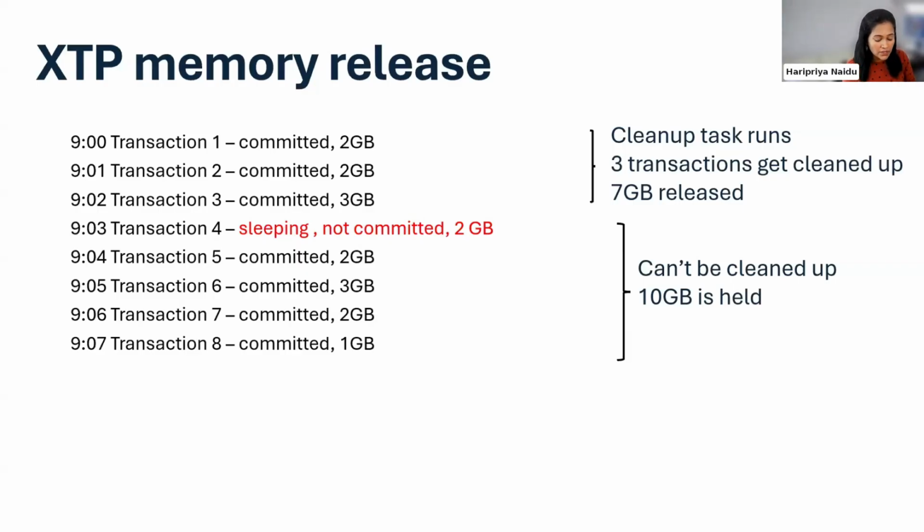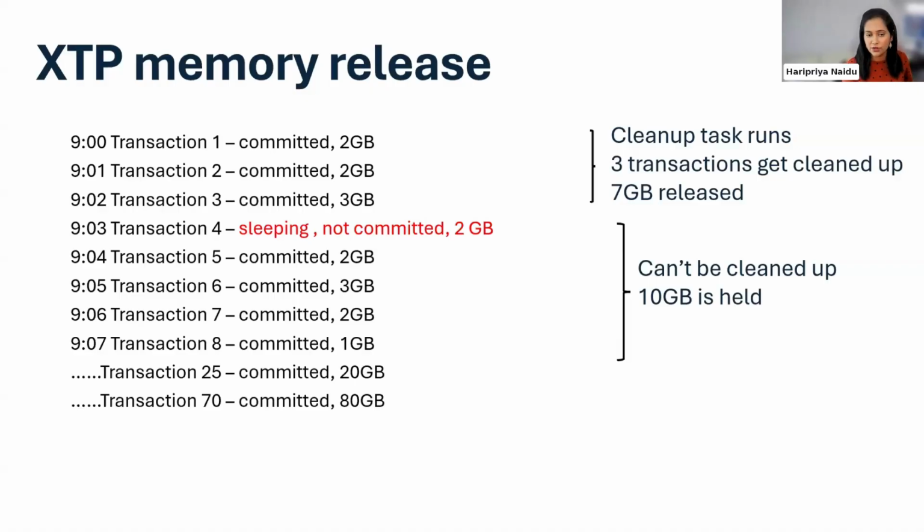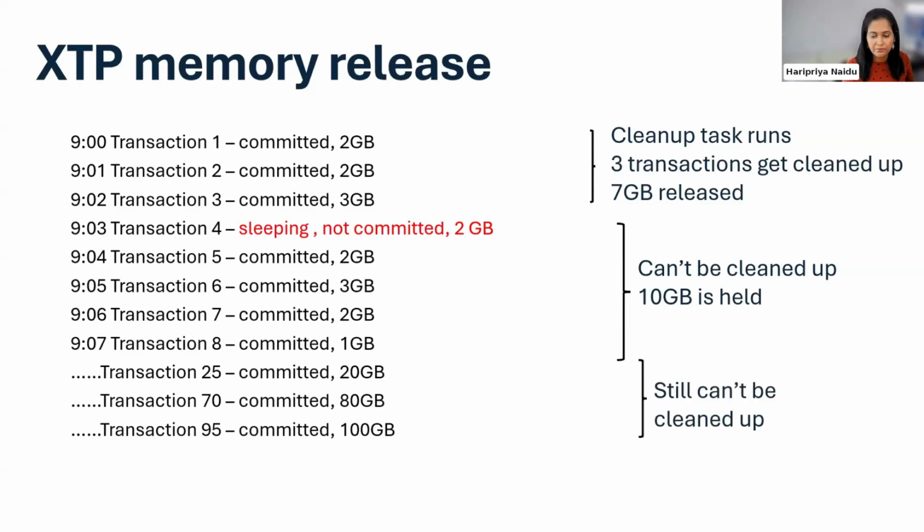Now, on a production server, you will have multiple transactions coming in constantly. They are not waiting for anything. They are coming in. Imagine it consumed 20 gig, and then you have 70 more transactions coming in, consuming a lot more, and so many other transactions coming in constantly. What happens?